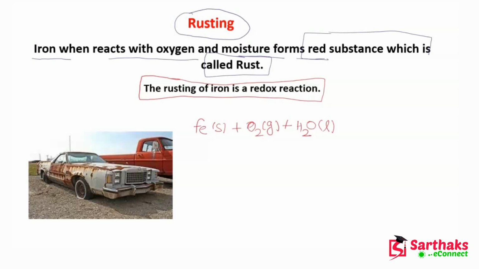Now when these two things attack iron, then this iron will form rust, and the formula for rust is Fe2O3·xH2O. It is also solid because the layer of the rust is solid.